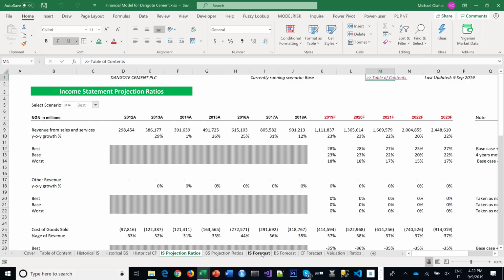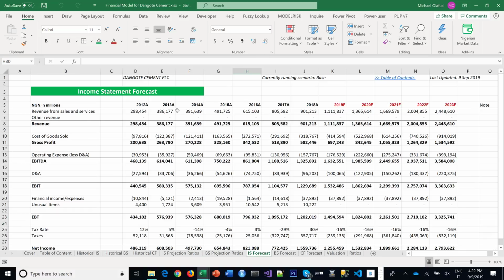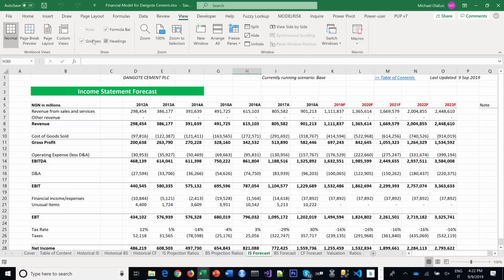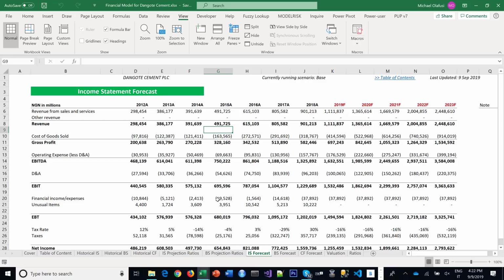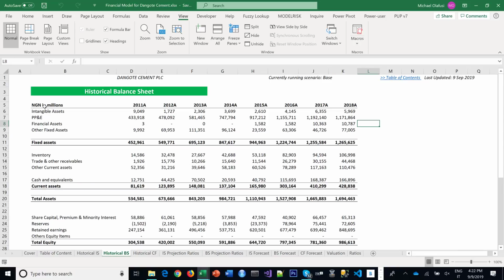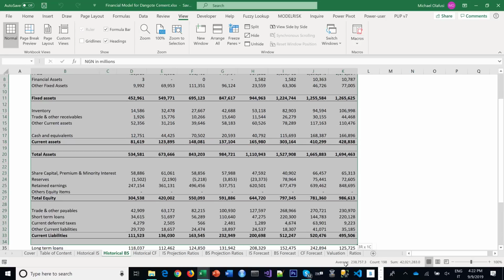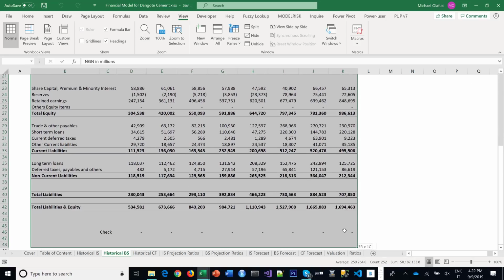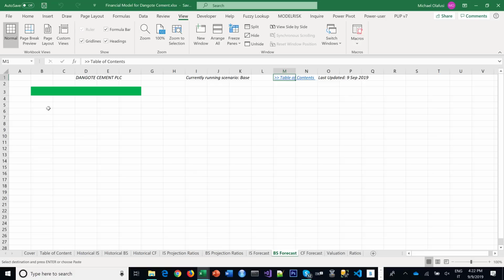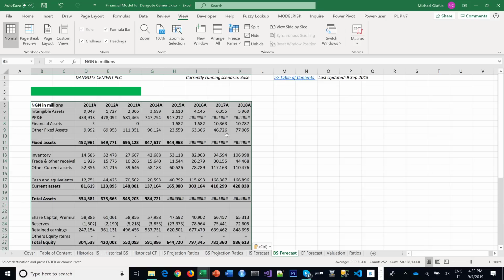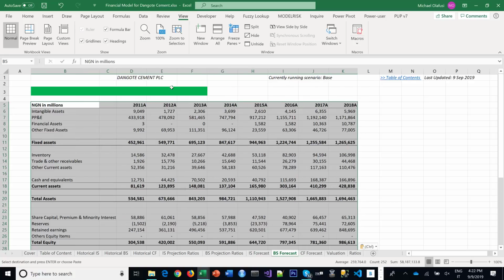So we continue. I am done with the income statement, and as usual, I turn off the grid line so it looks a lot neater. Then we proceed to the balance sheet. I'm going to again copy all of these, inclusive of the check. I go to balance sheet forecasts, I paste, I ensure that the column widths are respected.